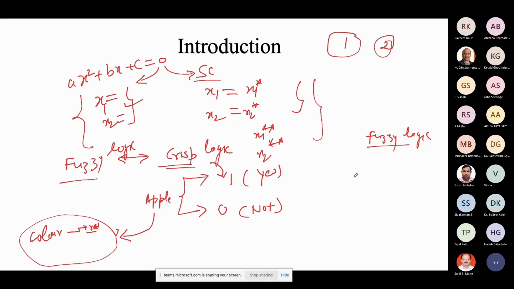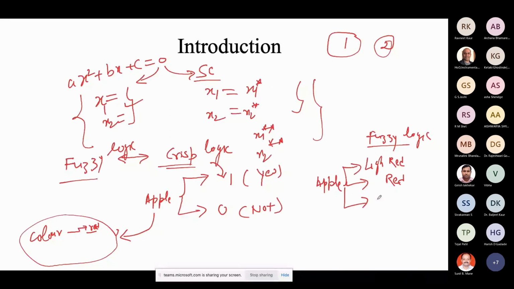Now again I am asking the question: the color of the apple. The color of the apple may be light red, means not exactly red, then exactly red, then somewhat green, means not exactly red.